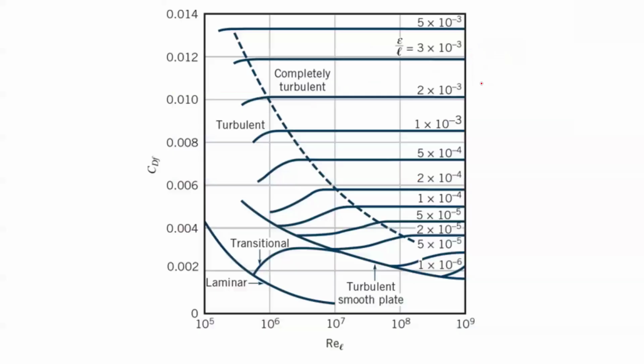If you remember from the formula, FD was equal to this one, CD times area times V squared. So you have the velocity, you have rho, you can find the area, but CD is not the one that you have.